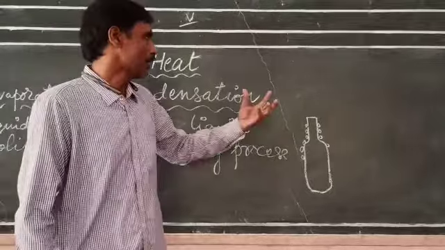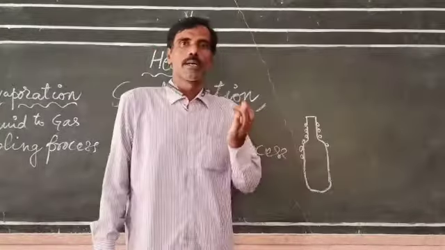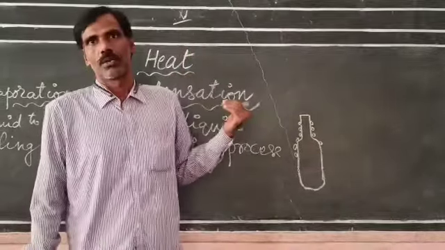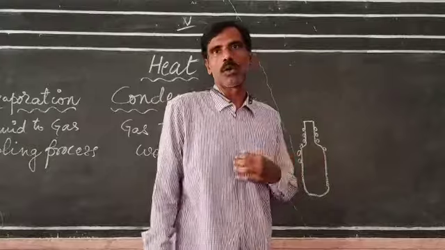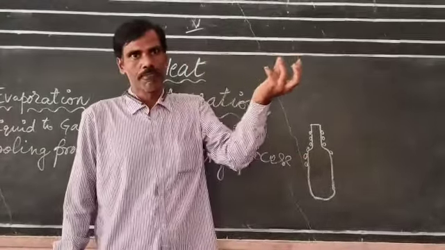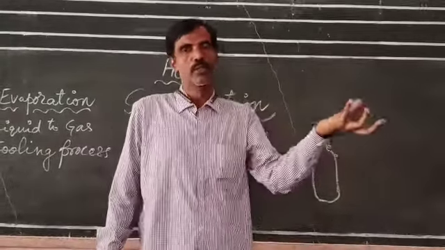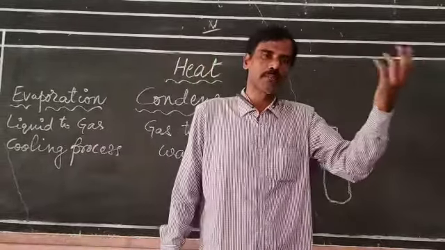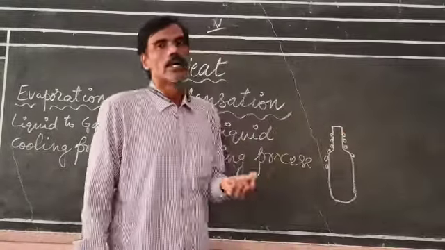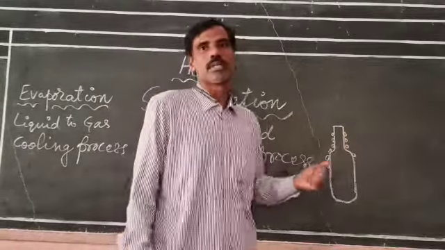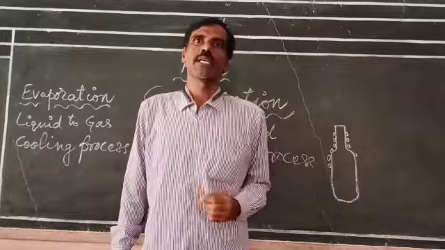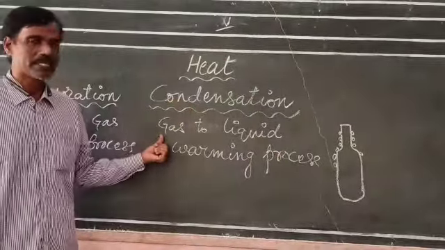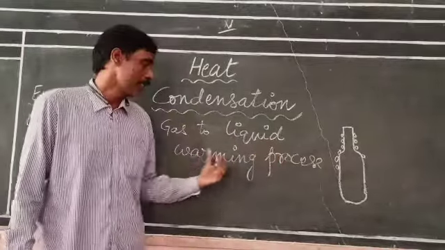Because when the water vapor present in the surrounding atmosphere comes in contact with the cold water bottle, the phase change from gas to liquid takes place, and the water vapor is converted into liquid droplets observed on the surface of the bottle. This process is known as condensation. It is a phase change from gas to liquid, and it is a warming process.